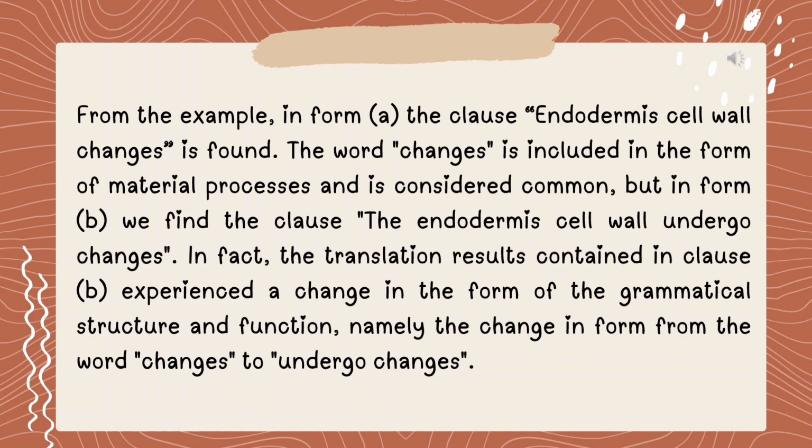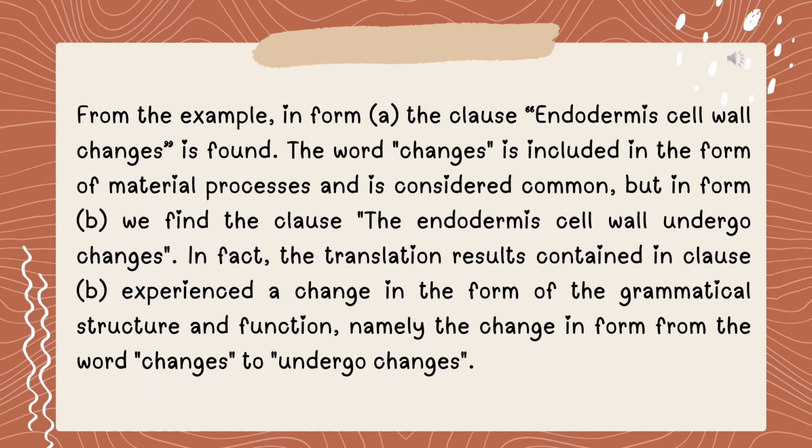As I explained before, in form A, the clause endodermis cell wall change is found. The word change is included in the form of material process and is considered common. But in form B, we find the clause the endodermis cell wall undergo change.